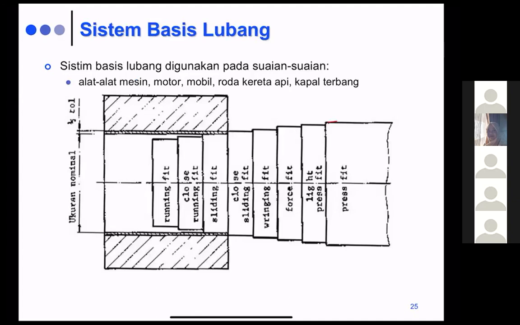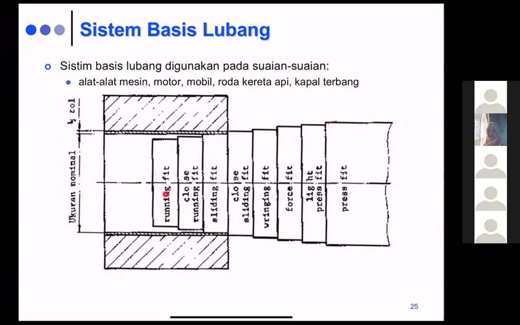In the hole-based system we just determine the diameter of the hole, the ukuran nominal dari hole. We determine that, and then we find which type of fit we're looking at.